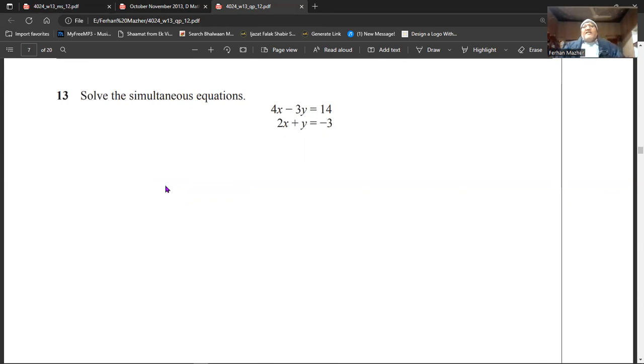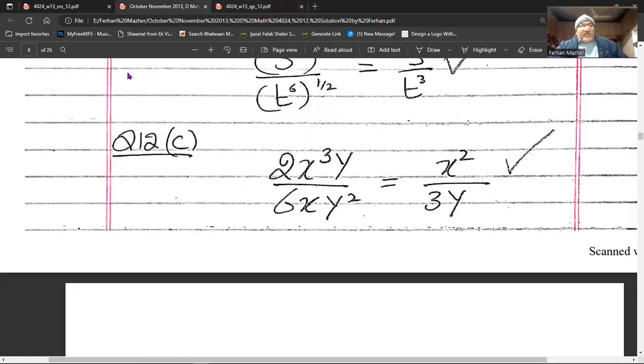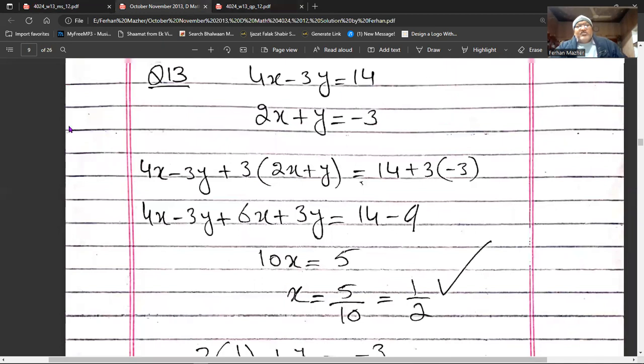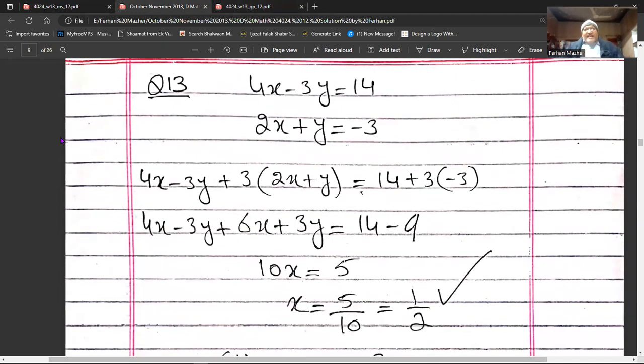And the left side is added into the left side. The right side is added into the right side. So here you can see the solution is showing up. So I multiplied the second equation with the 3 and I added both the equations. The left side added into the left side. The right side is added into the right side.